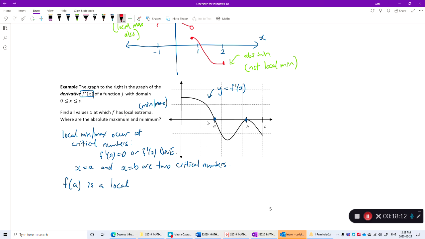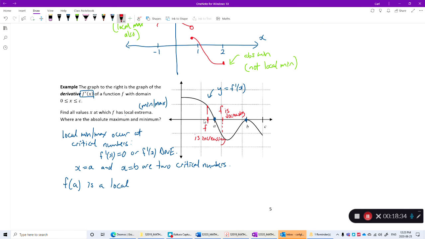If x is to the left of a, that means f is increasing because its derivative is positive, right? And if we're to the right of a, f is decreasing.